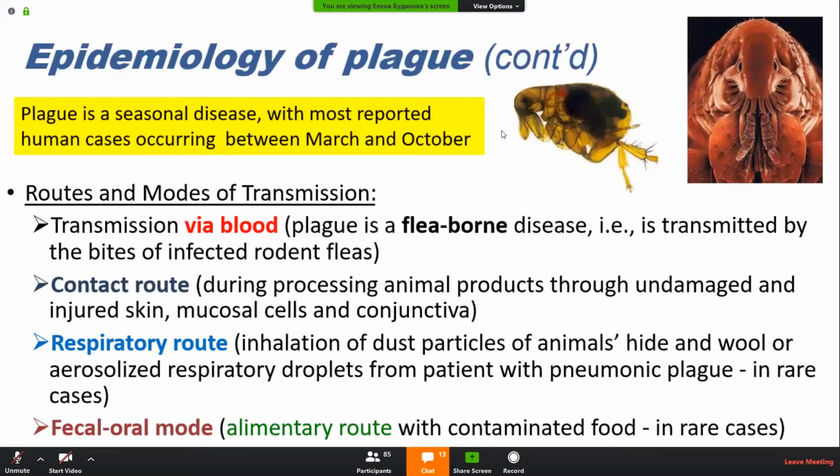proventriculus of rodent flea. It is a part of gut of rodent flea between the stomach and esophagus. So formation of clot causes the blockage, I would say, of flea.